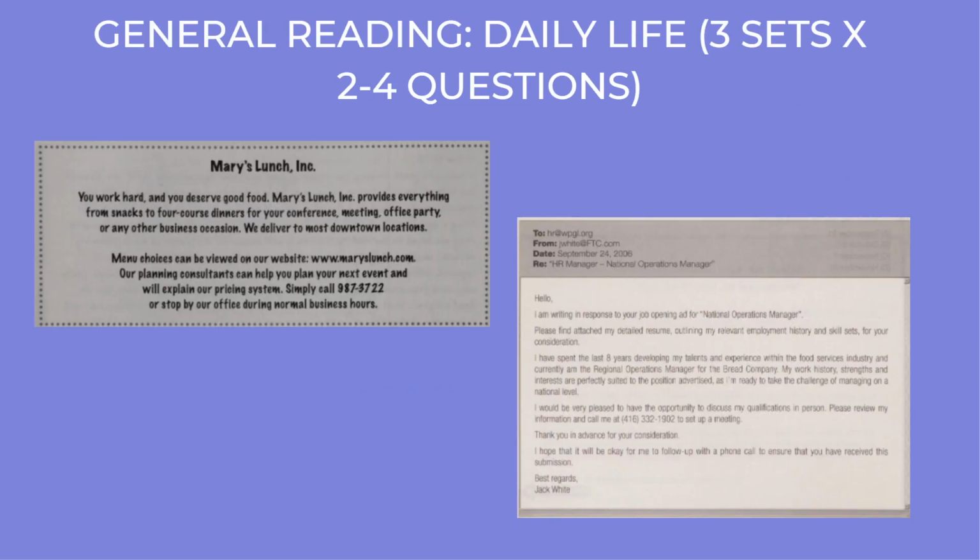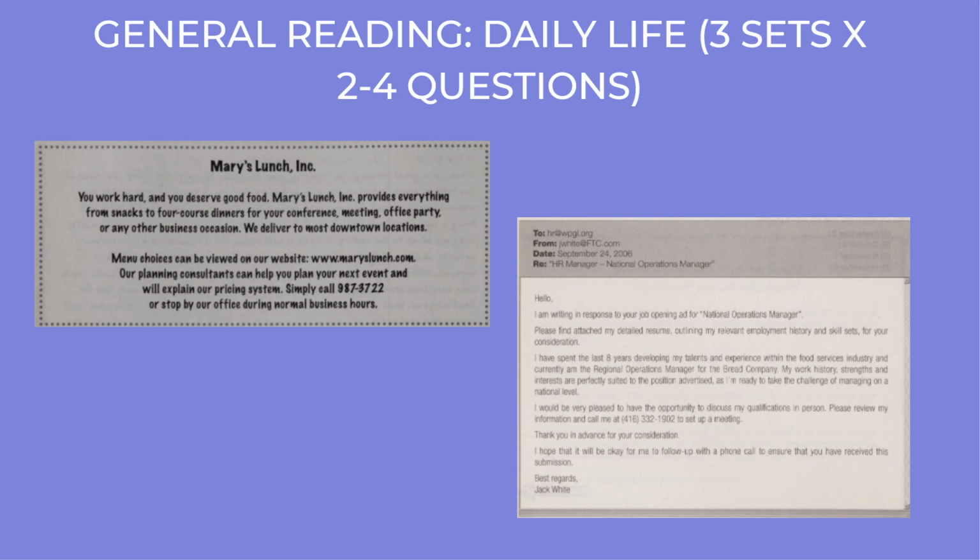After that, we get back to basic reading. First up is the general reading section, where you read some stuff related to daily life. On the practice tests, I got 3 of these things. Each one had 2, 3, or 4 questions. Now, this is a lot like the TOEIC test, if you're familiar with that one.